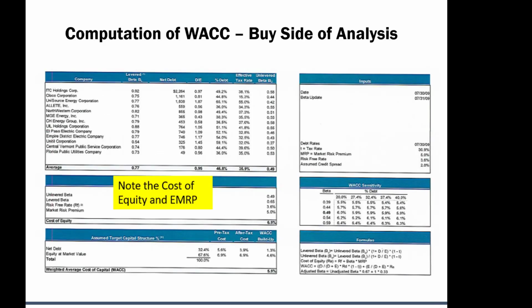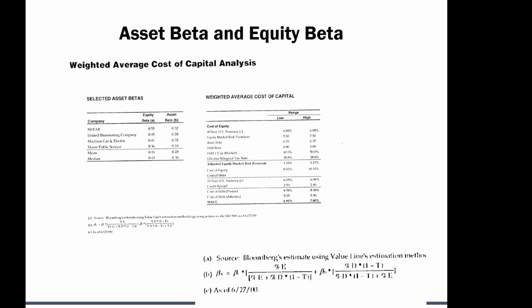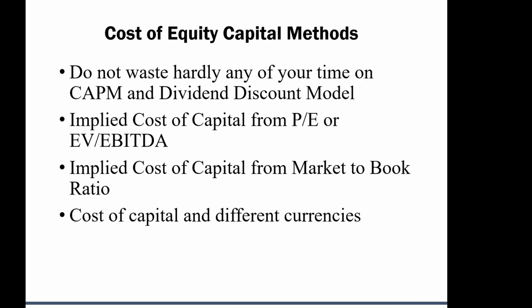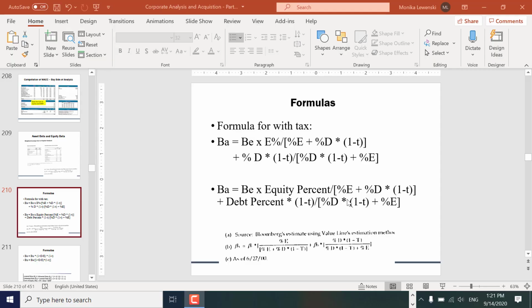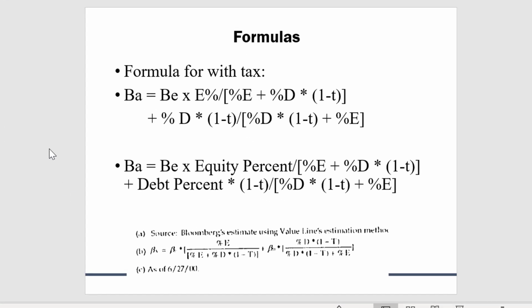This one they didn't put any debt beta. And what you really should do with these formulas, and I'm sorry, I made them too complicated: the beta on the assets is the beta on the equity times the equity percent divided by the total capital, equity to capital.